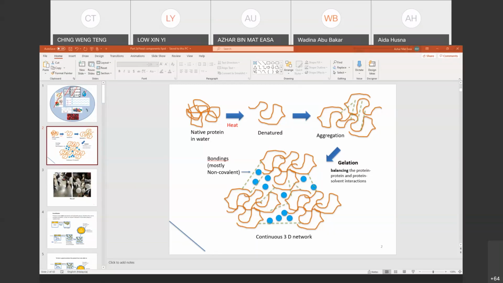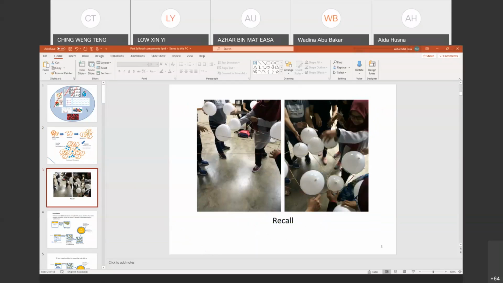Okay, we cannot do this in class, but your seniors, what we did when we were in class is we brought some rubber bands into the class, and then we joined the rubber bands together. Each rubber band is like an amino acid.